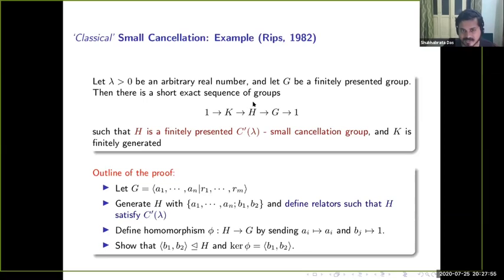This group is a finitely presented small cancellation group. So given any finitely presented group, you can find a small cancellation group so that G, the given group, is a quotient of this small cancellation group.